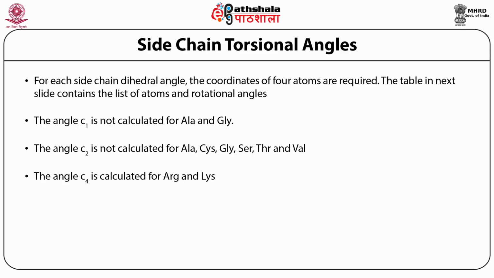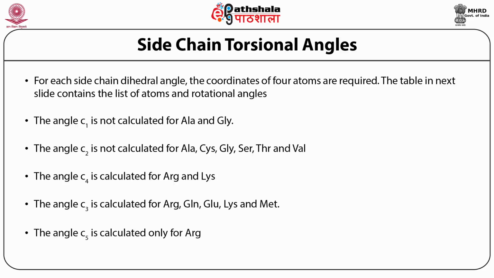Angle chi3 is calculated for arginine, glutamine, glutamic acid, lysine, and methionine. Angle chi4 is calculated only for arginine and lysine, and angle chi5 is calculated for arginine only. The 4-atom sequence for these angles is shown in the next slide.